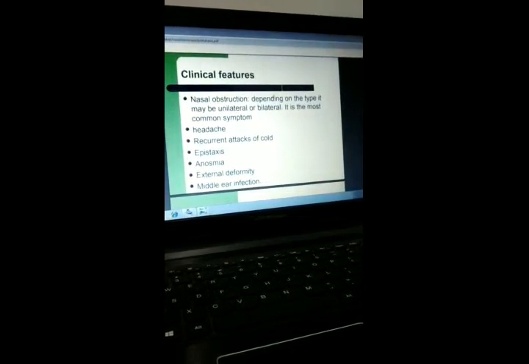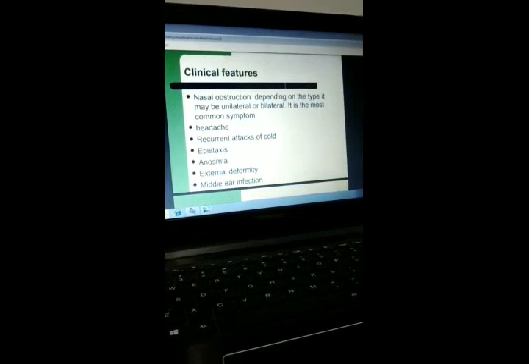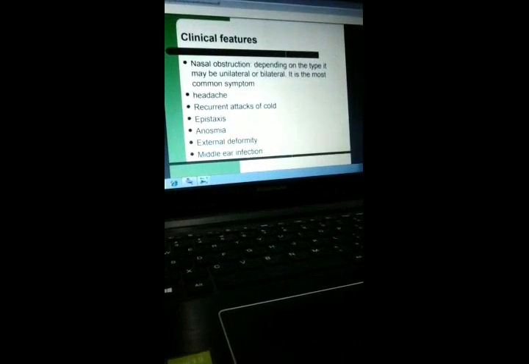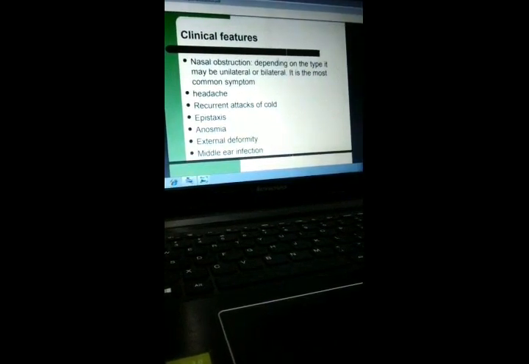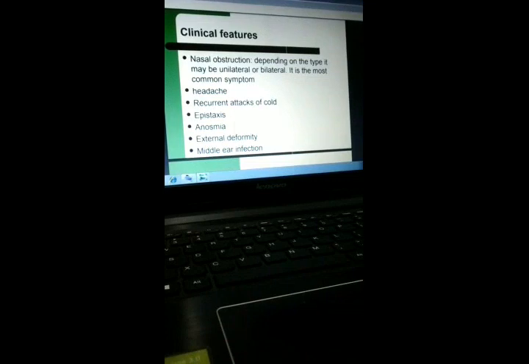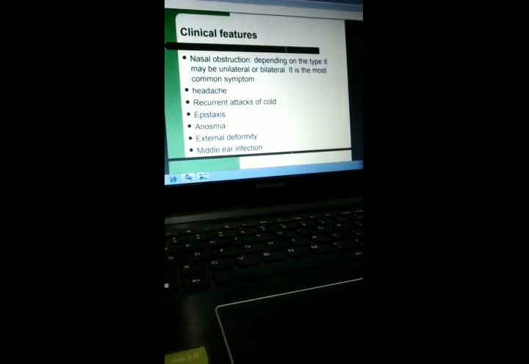As we know, the upper third of the nose has the olfactory nerves, and that is responsible for the sense of smell. So when there is lack of aeration, the sense of smell is decreased.